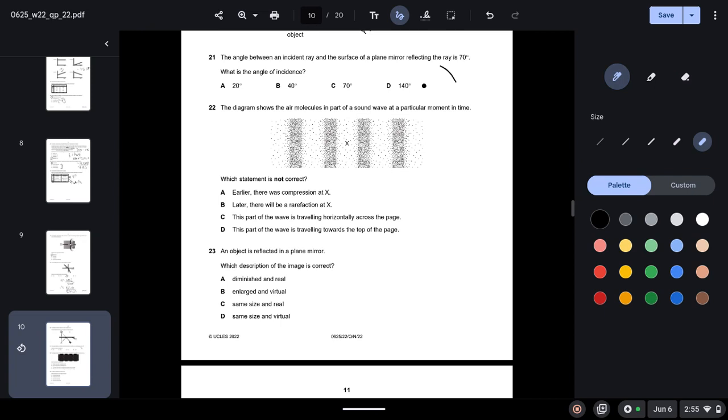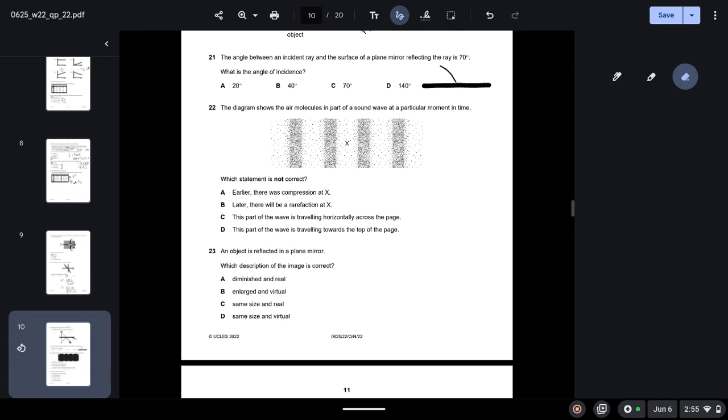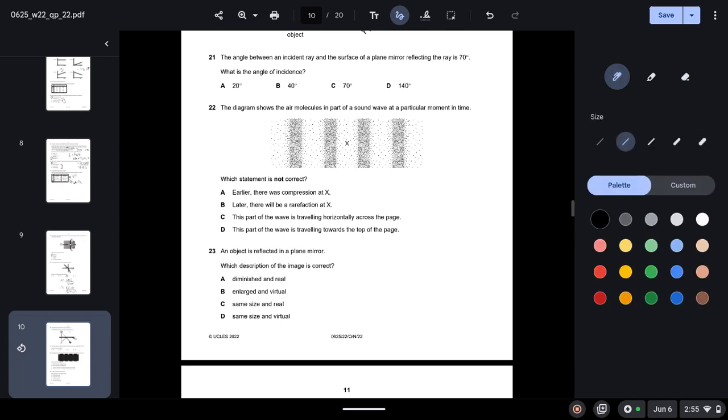I'll make it slightly clearer. So this is your normal, and this is the ray of light. They are saying that this angle is 70 degrees. So how much would be the incidence angle? This much. This would be 20 degrees.